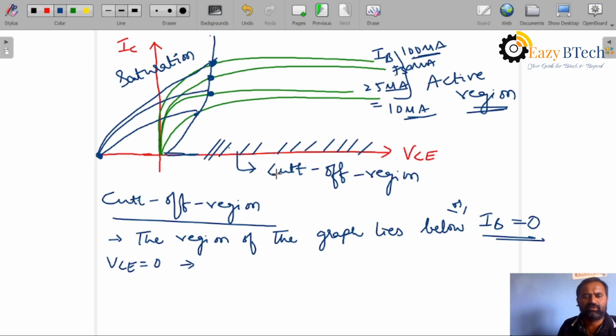From this graph you can clearly understand that in the cutoff region both the currents IC and IB are in a zero state, zero current.